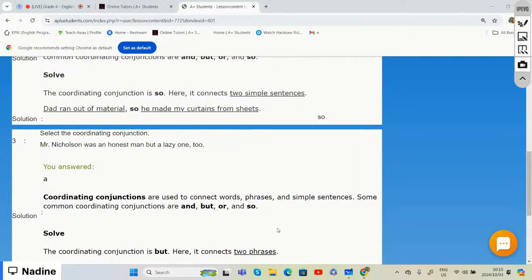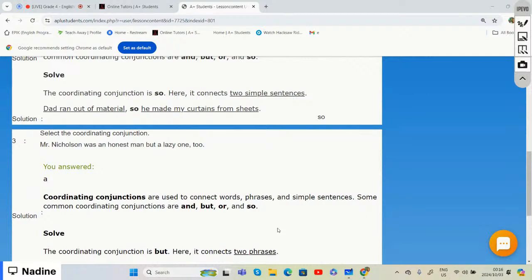And before we continue, guys, remember we said coordinating conjunctions either join words.